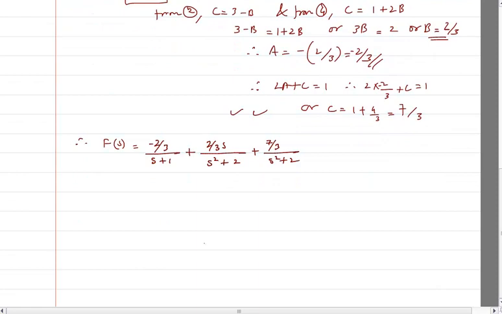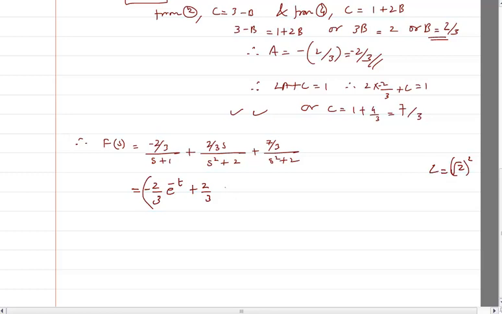Okay, now therefore this will become minus 2 by 3 e raised to power minus t u of t, that I will write as common, plus 2 by 3 s divided by s square plus 2. 2 can be written as root 2 the whole square, correct?